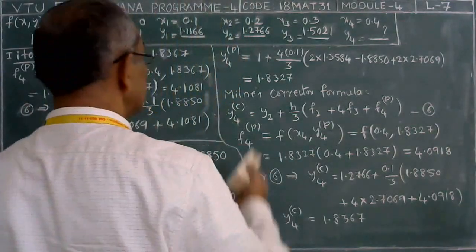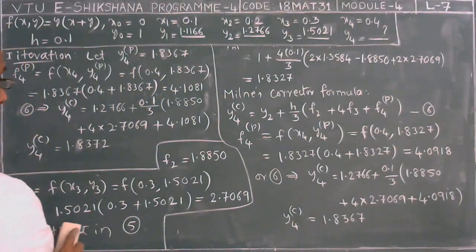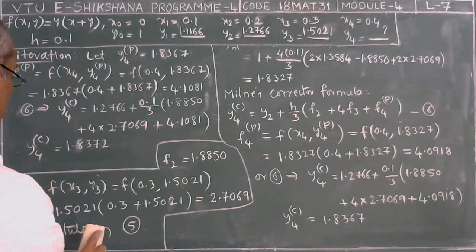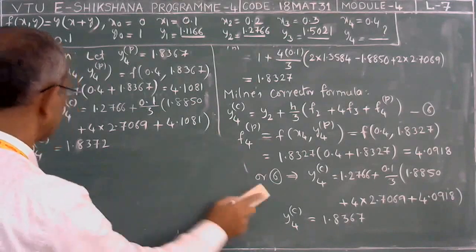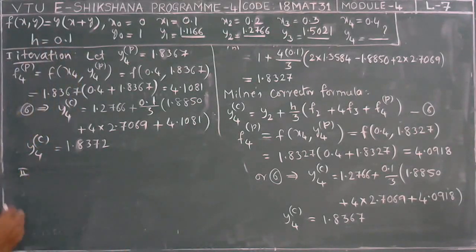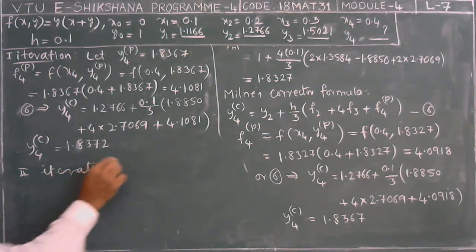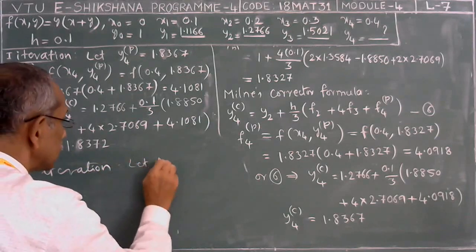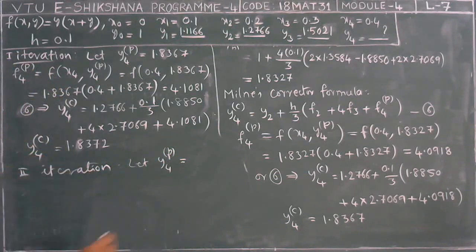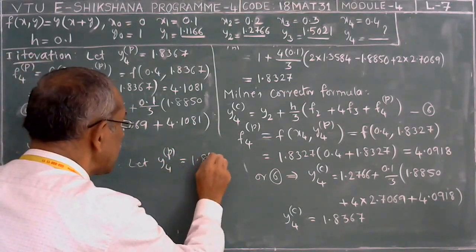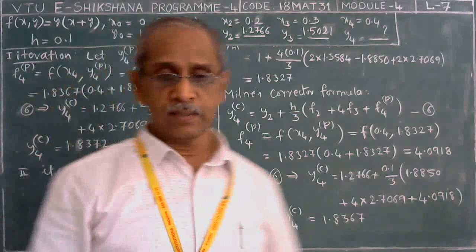For the second iteration, let y4p be equal to this 1.8372.